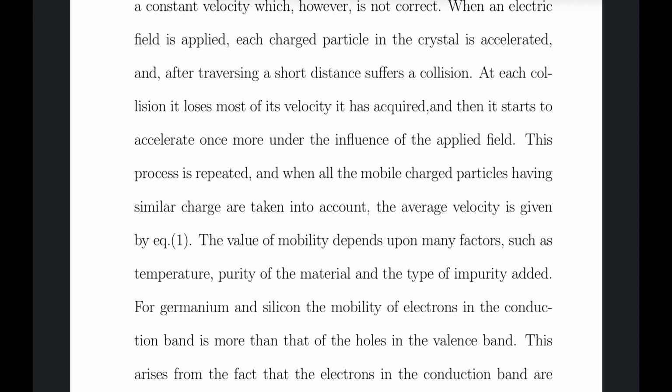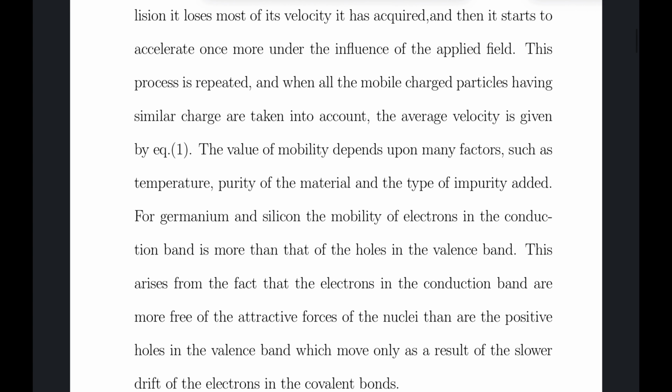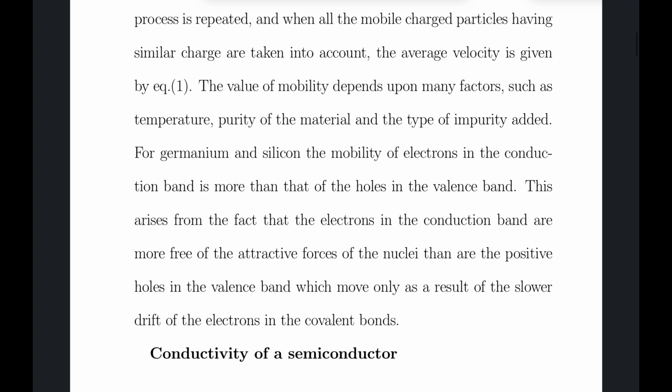So why is this so? This arises from the fact that the electrons in the conduction band are more free of the attractive forces of the nuclei than are the positive holes in the valence band, which move only as a result of the slower drift of electrons in the covalent bonds. ठीक है?